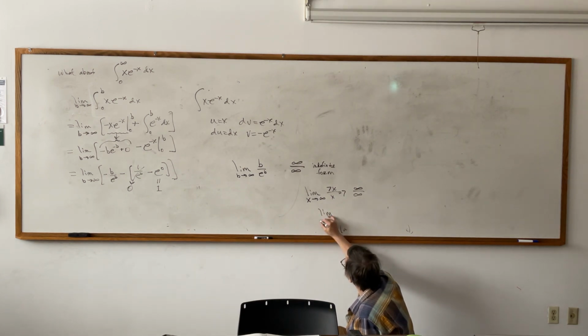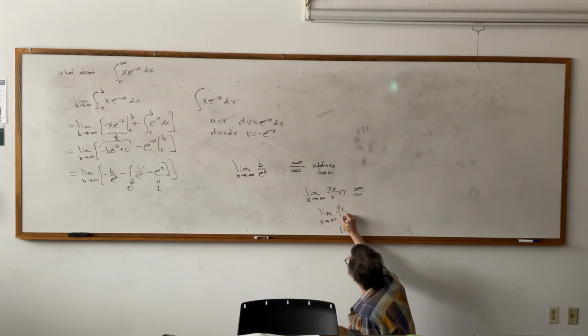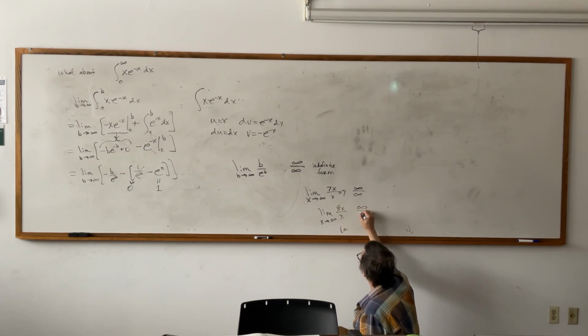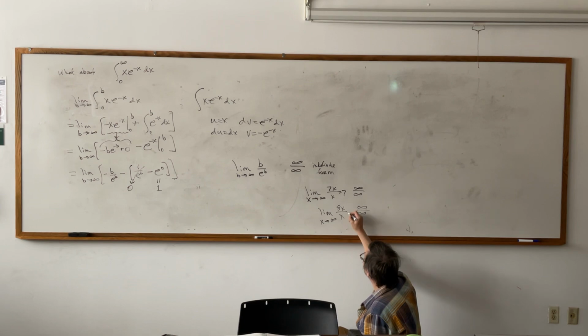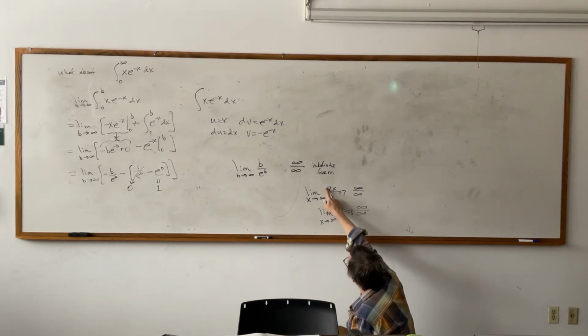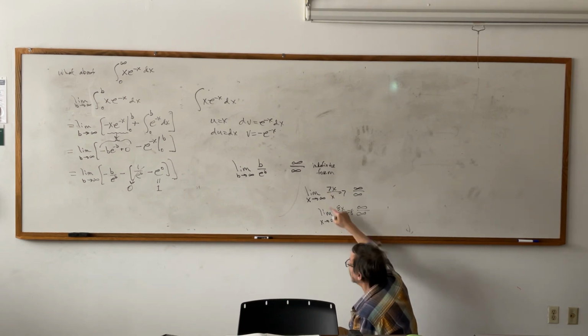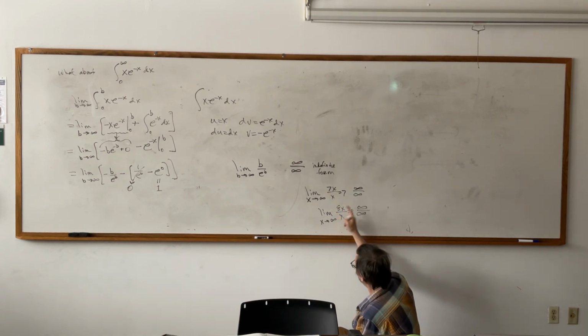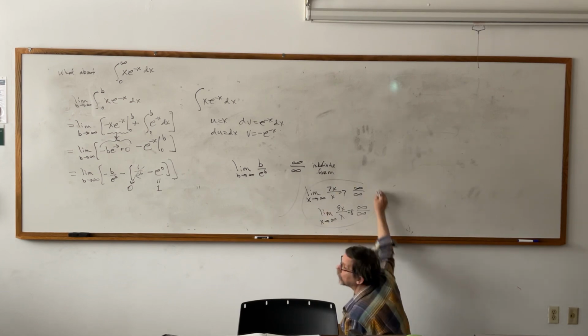If I had the limit as x goes to infinity of 8x over x, that's also an infinity over infinity form, but the answer's 8. I could make it anything I want by putting that in front of the x. You want it to be pi? Make it pi x over x. So these forms we have to be really careful with.